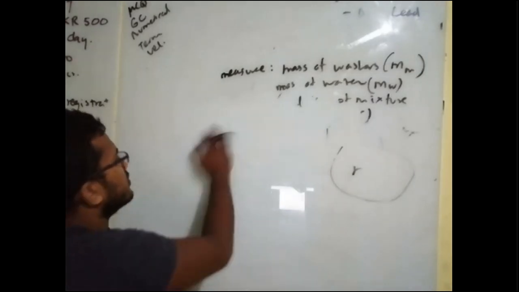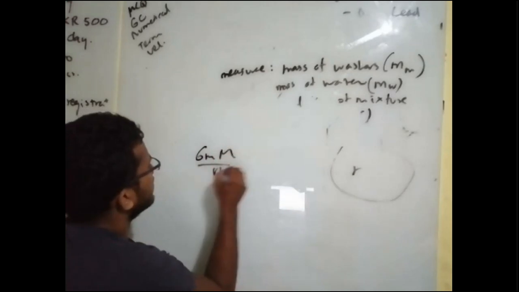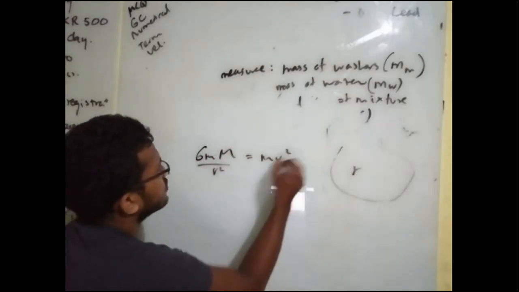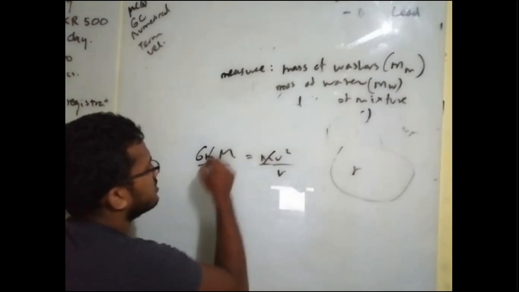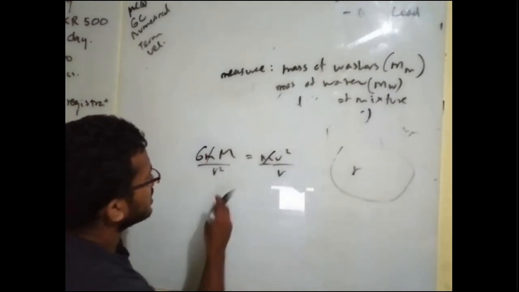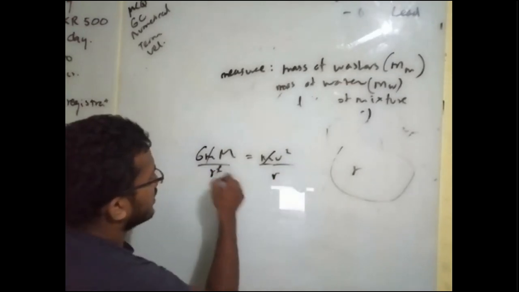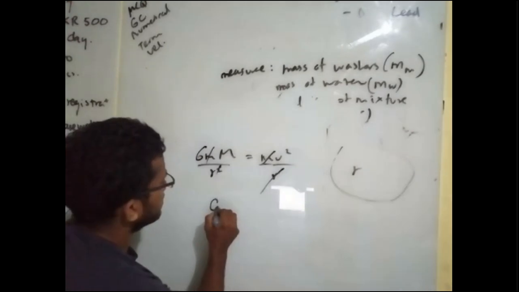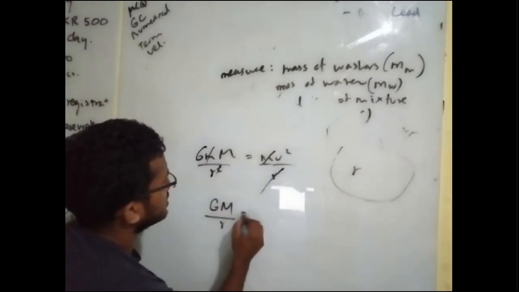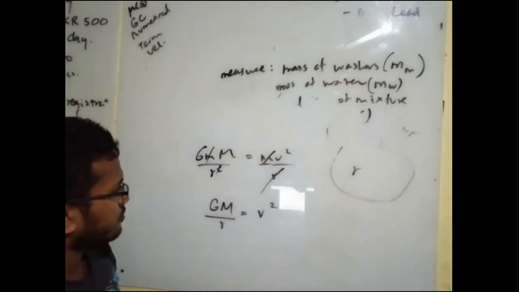So for gravitational fields also, you should be able to put GMm over r squared equals mv squared over r, and actually the mass of the orbiting object will get cancelled out. Then you can nicely cancel one r and obtain some pretty interesting results.